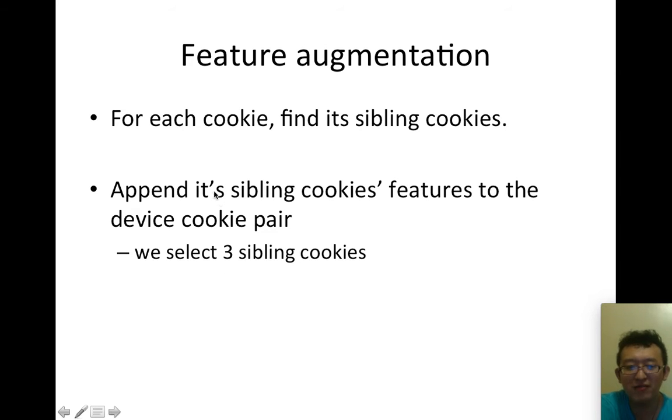So in the end, for each device cookie pair, we will add features from 3 sibling cookies. We actually researched this parameter. If a cookie has fewer than 3 sibling cookies, we will simply add none or some placeholders to the sibling cookies' features.